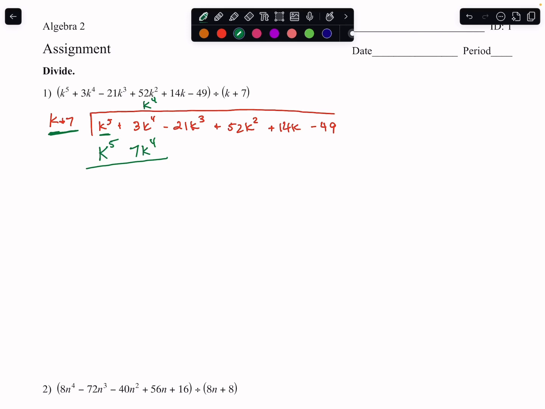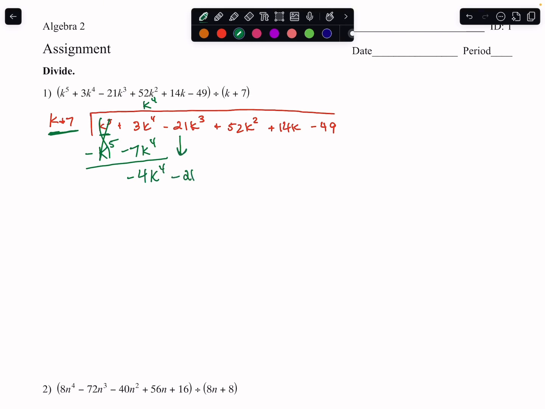Now we're going to combine, in other words, add. This is going to cancel out. 3k to the 4th minus 7k to the 4th is going to leave us with negative 4k to the 4th. And then this is going to drop down, minus 21k cubed.